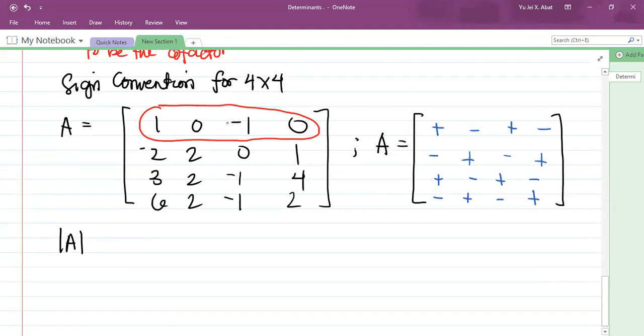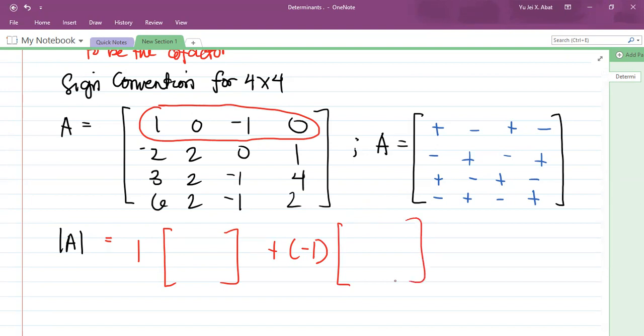Okay. So from there, kukunin ko yung mga constant niyan. So magiging 1, then may determinant ako. Then meron akong plus, negative 1. Dahil may determinant ako. And then so on and so forth. So parang ganito yung mangyayari.